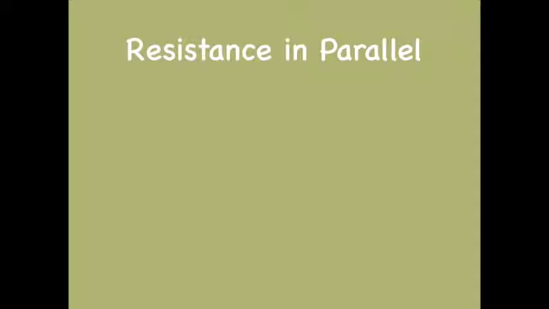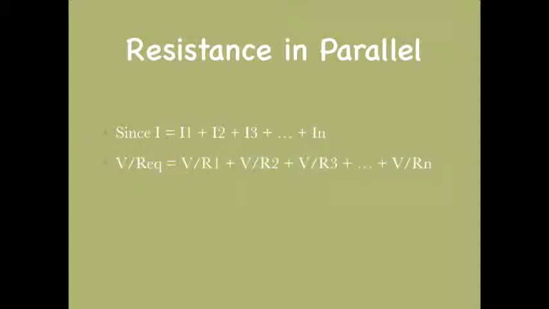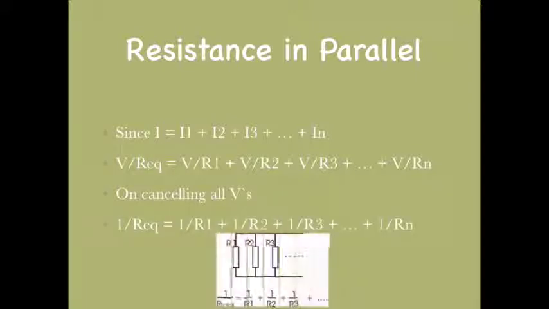And since I have I equal to I1 plus I2 plus so on up to In, because the net current is getting divided, and by Ohm's law, I have this equation. So on cancelling all the V, as all the V's are equal, I'll be left with this equivalent relation. So this is the equivalent resistance for a parallelly connected circuit.